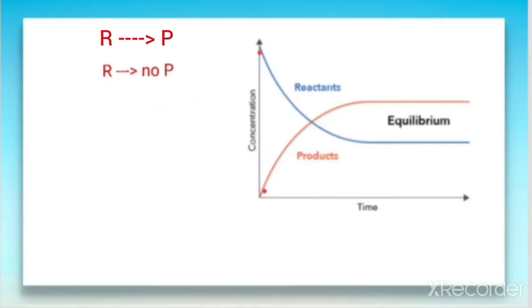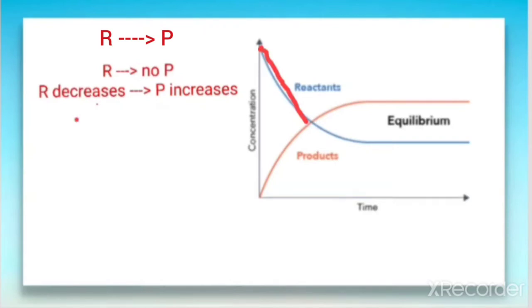But as time moves, when the reaction begins, the concentration of the reactant goes on decreasing. That is, you can see the plot goes down because the concentration of reactant is decreasing. But as the reactant is decreasing, the product concentration is increasing.